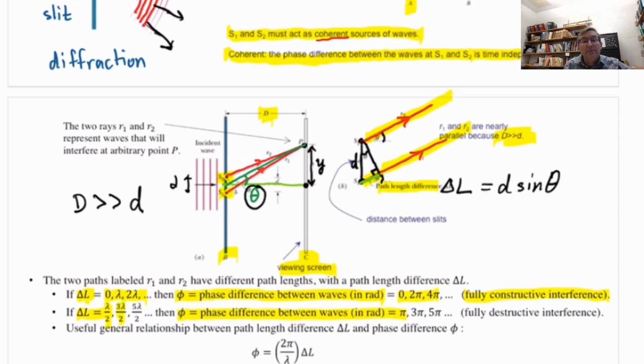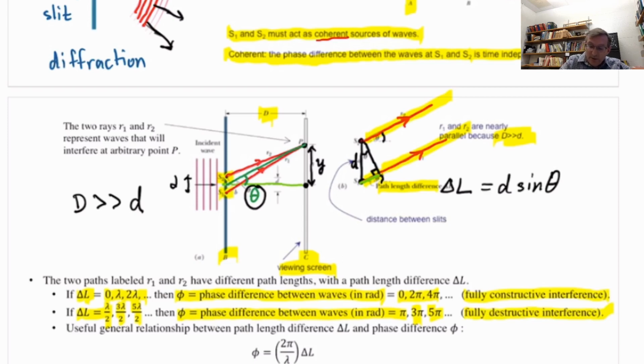Then the phase difference will be 3 pi. Or what if the delta L is 5/2 lambda? Then the phase difference phi will be 5 pi. Well, then the waves will destructively interfere. It'll be dark at point P, fully destructive interference.